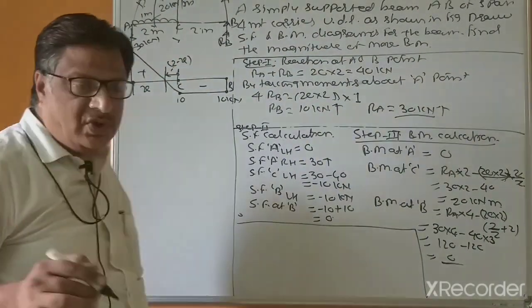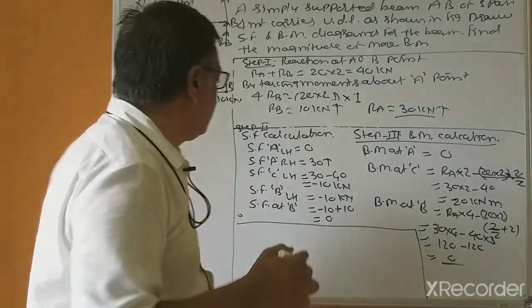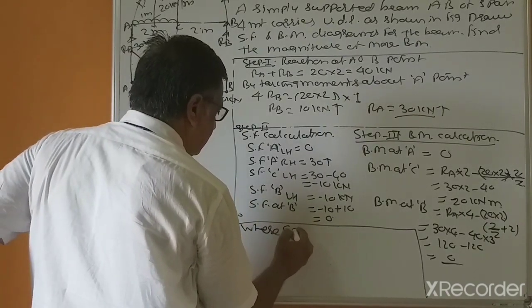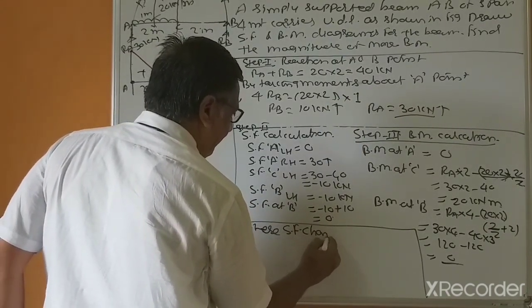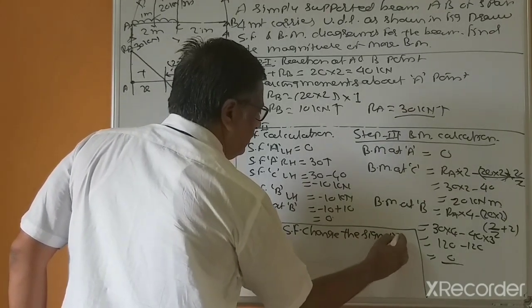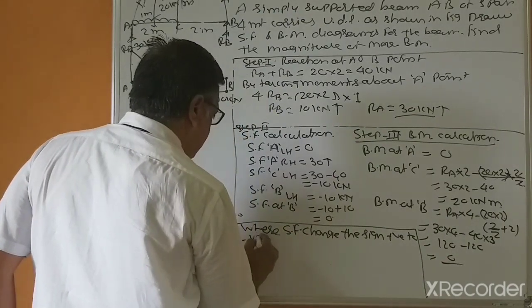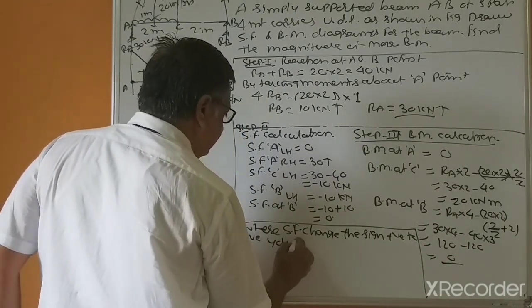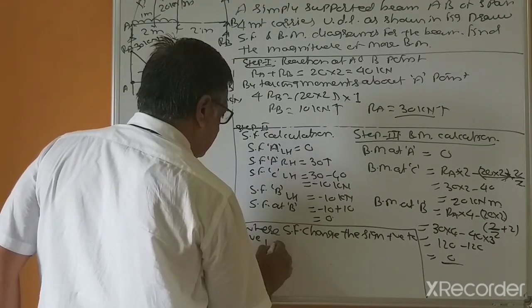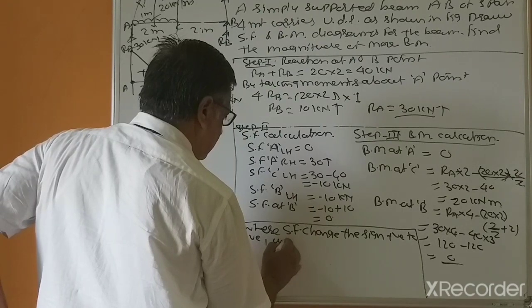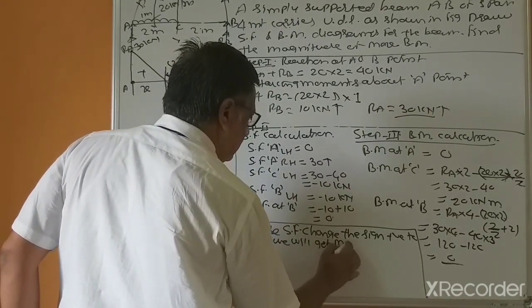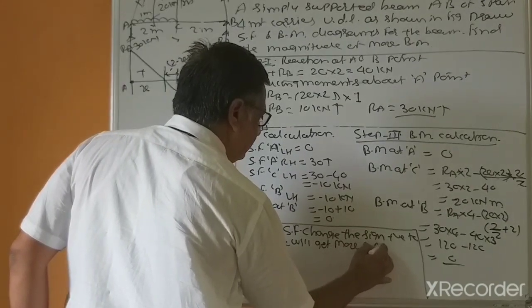Now where the shear force changes its sign, from positive to negative, you will get the maximum bending moment.